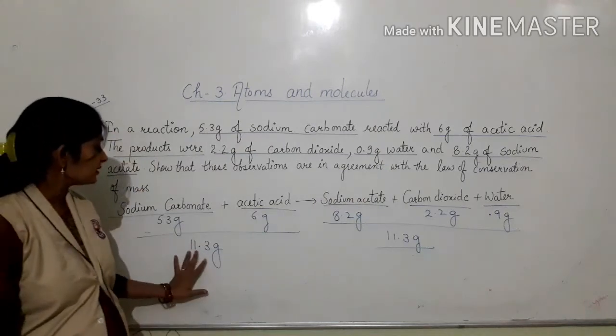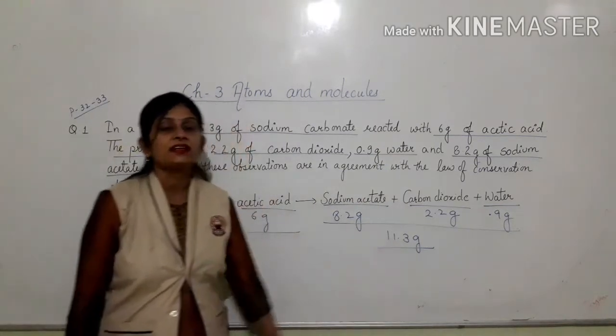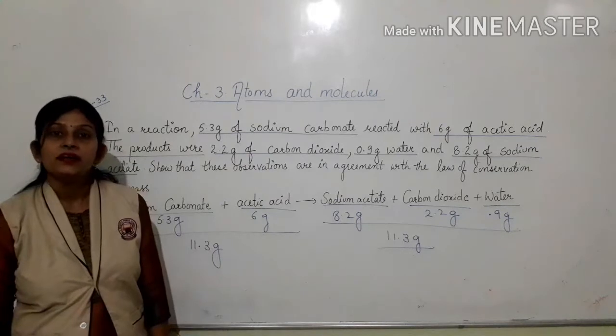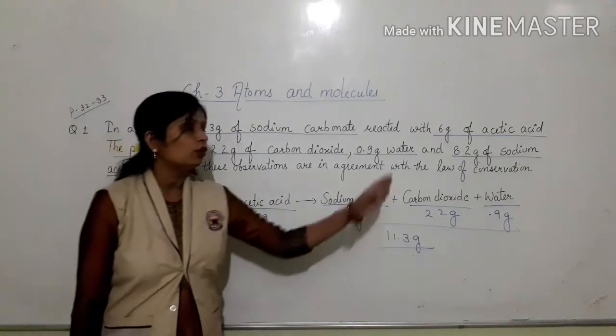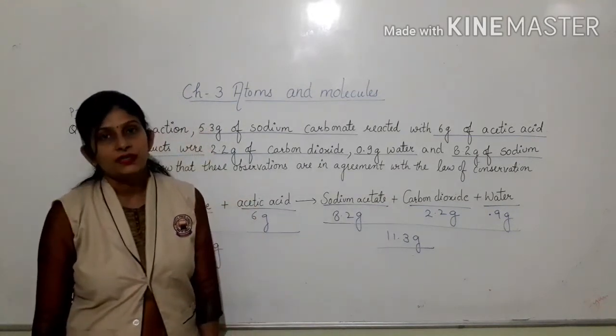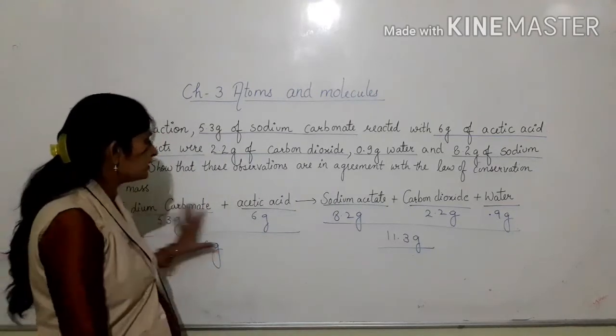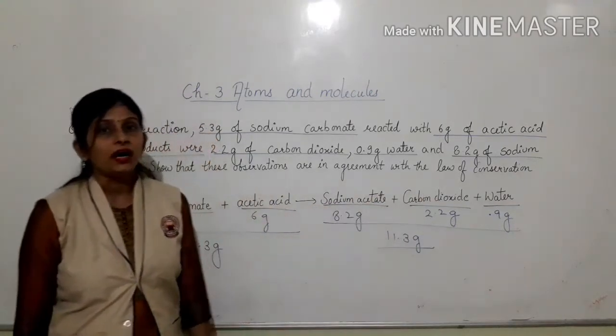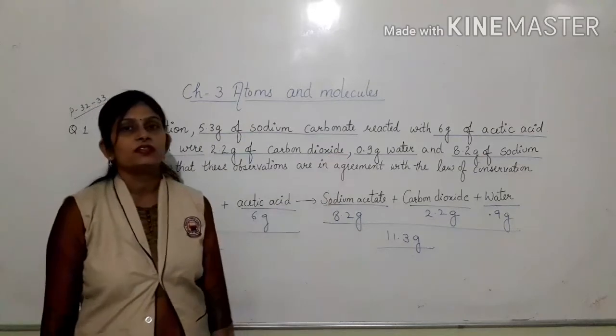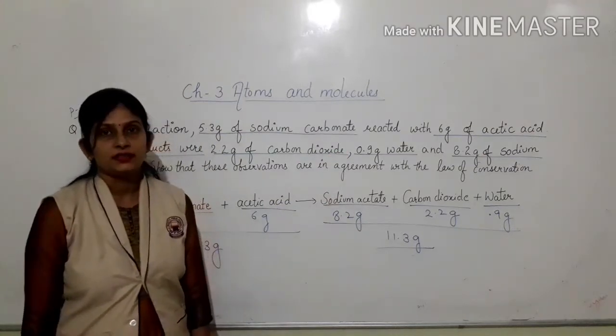It remains the same, constant, conserved in a chemical reaction according to the law of conservation of mass. So all these observations are in agreement with the law of conservation of mass.